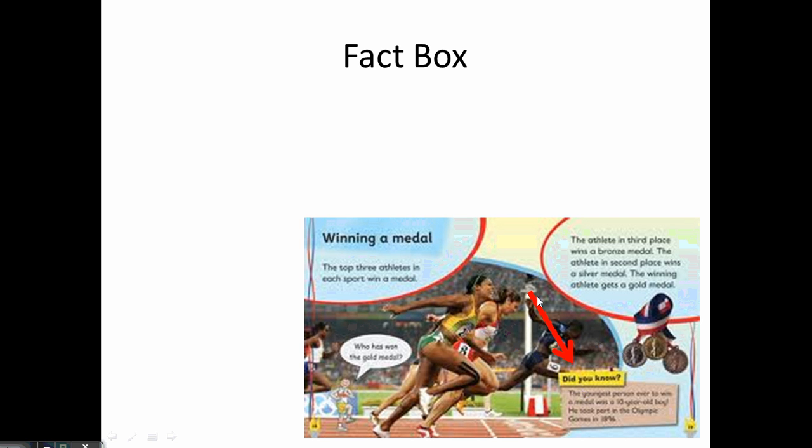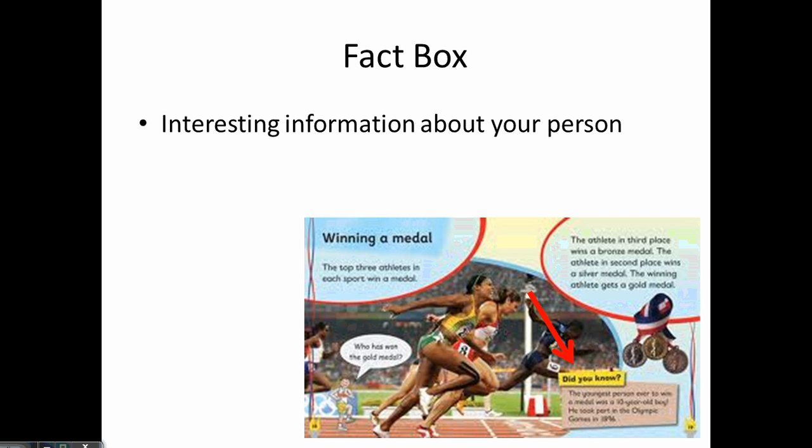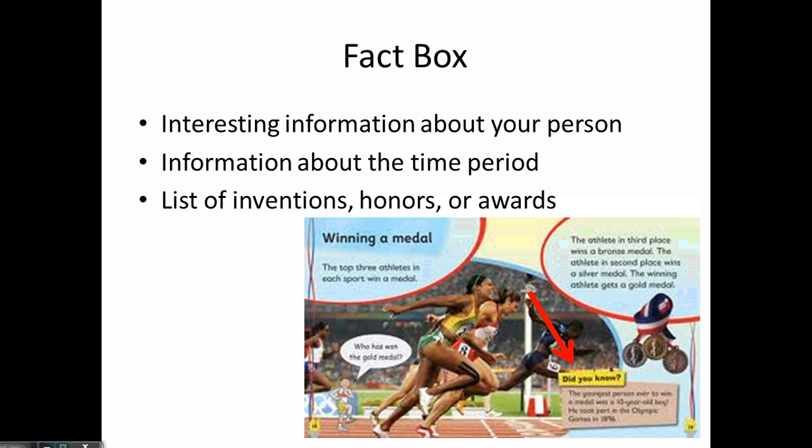For your project, you might include interesting information about your person if you choose to do a fact box. You might do a fact box that includes information about the time period that your person lived in, or even lists the inventions, honors, or awards that your person received.